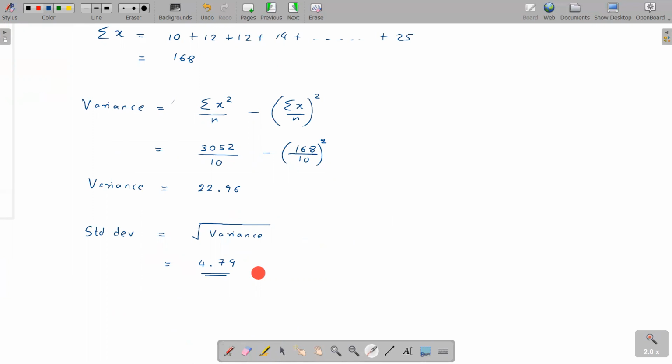Variance gives you a square unit, while standard deviation gives you the proper deviation. That's why it's called the standard deviation: it's the standard amount that the data points spread around the mean.